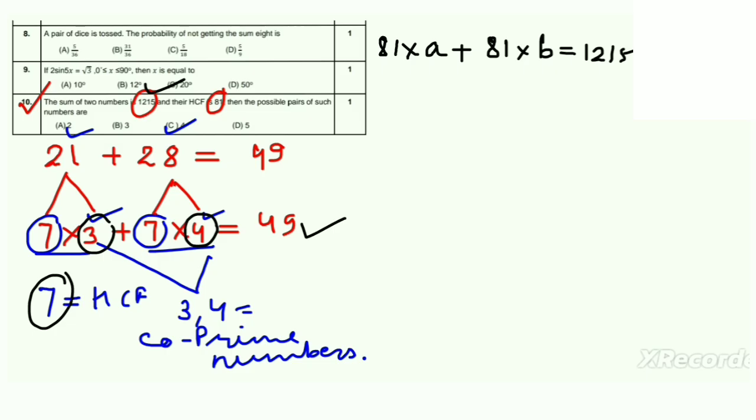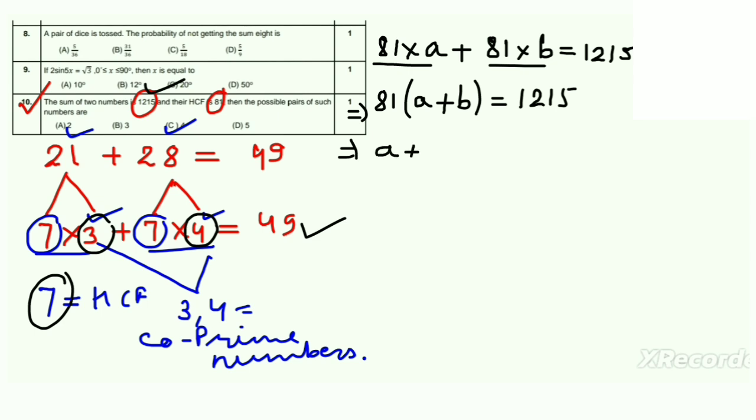Now let's solve. From these two terms, we can extract 81 as common. 81 is common, and here remains A plus B equal to 1215. Now A plus B equal to 1215, and this 81 goes to the RHS over here, and this 81 can divide 1215 15 times.